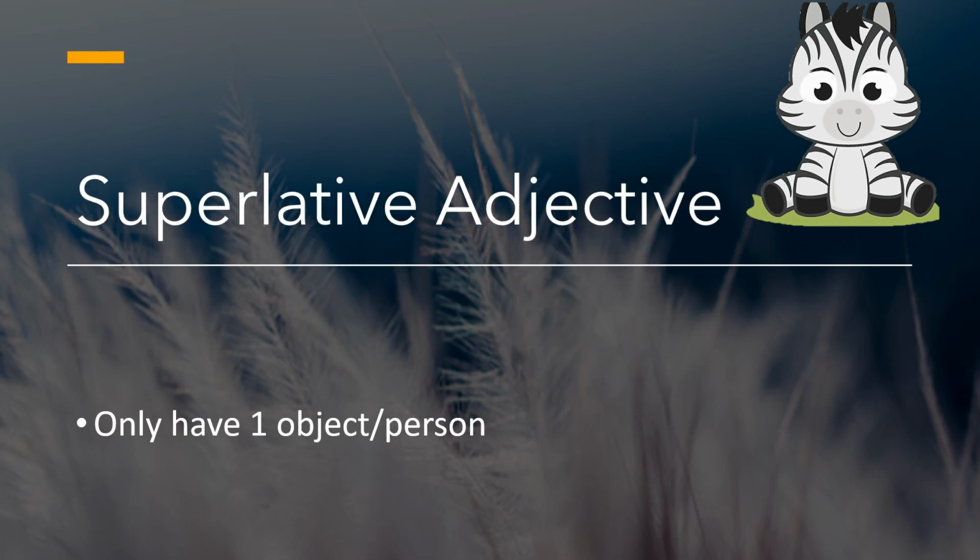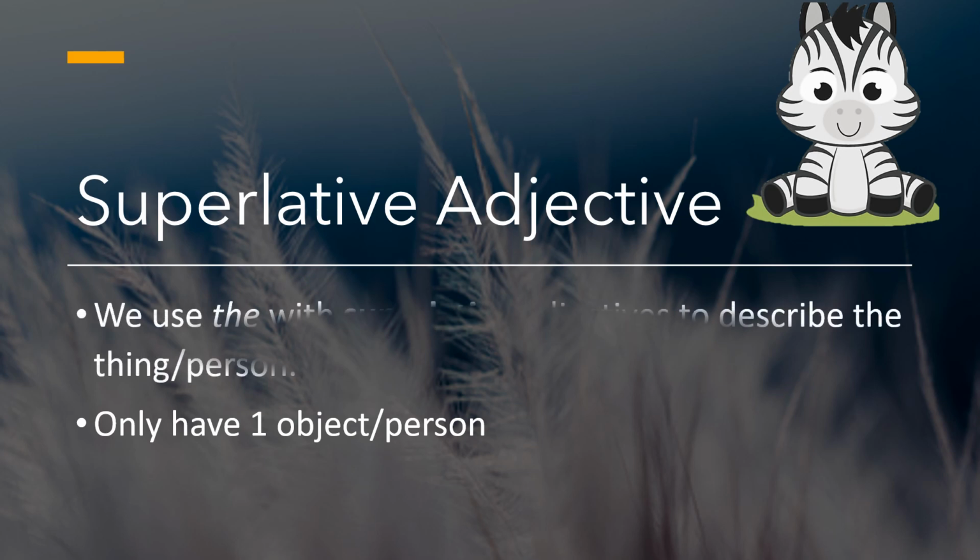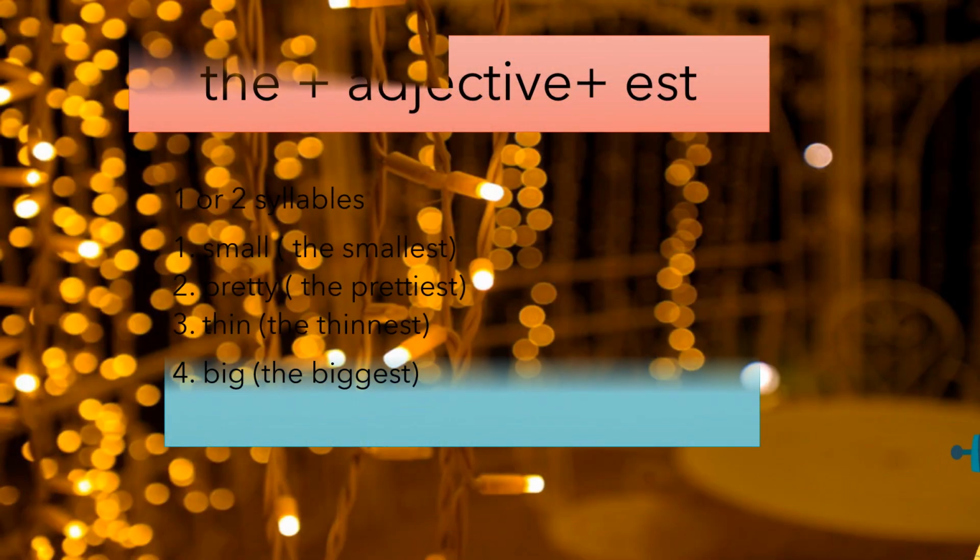Let's move on to superlative adjective. We use superlative adjective to describe the things or the person with the most of something, when there's only one object or person in the sentence.